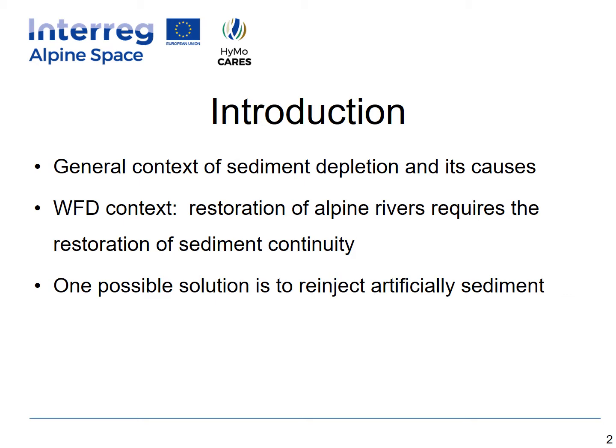In the context of the WFD, the achievement of good ecological status is required, and for alpine rivers, this objective can be reachable thanks to the restoration of the sediment continuity. One possible solution is therefore in this context to re-inject sediment artificially in order to restore this continuity.